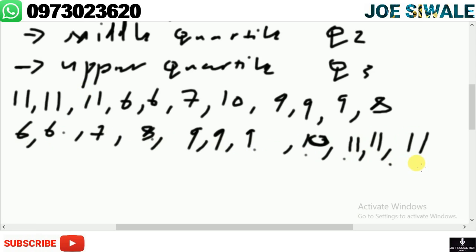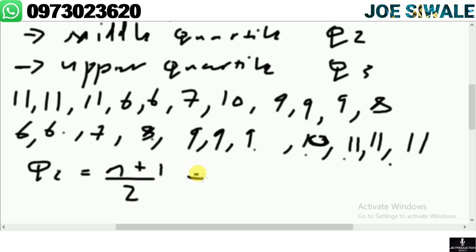So these numbers are 11, and the first thing that you're supposed to find is the middle quartile. And for the middle quartile, we can just use the same as that of the median. So as you can see here, the numbers is giving us an odd number. So to find Q2, we can say n plus 1 divided by 2, and we know that the total number there is 11, plus 1 divided by 2, so that's going to be 12 divided by 2, which is 6.